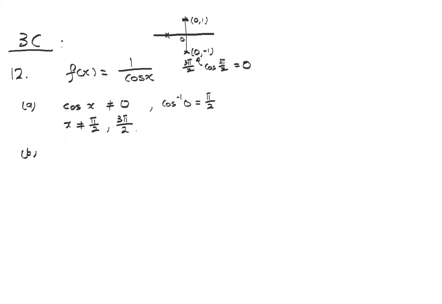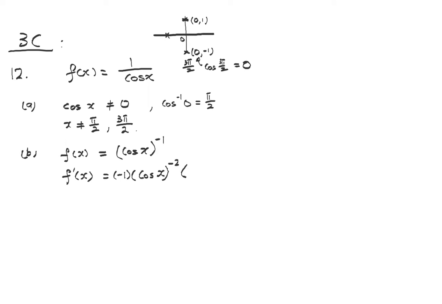Okay, so number B. Find the position and the nature of the stationary point on this interval. So I have to write my f(x) in this form. I want to find the stationary point, so I have to get the gradient function first, f prime x. Bring down the power, copy down the whole thing, power take away 1.